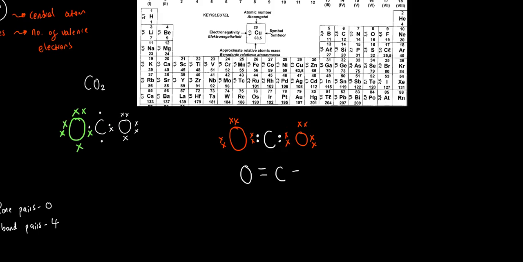So now oxygen has 2, 4, 6, 8, just like it wanted, and then the other also has 2, 4, 6, 8, just like it wanted, and then carbon also has 2, 4, 6, 8, just like it wanted. Then it's balanced. Are we clear here?